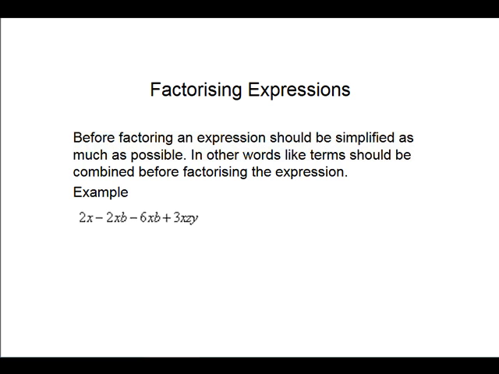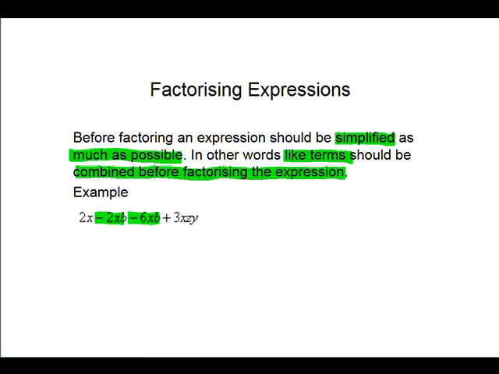Okay, something a little bit harder here. Sometimes you need to simplify as much as you can before factorising. So that means you should combine like terms if there are any like terms there. So here we have an example. We have some like terms here.